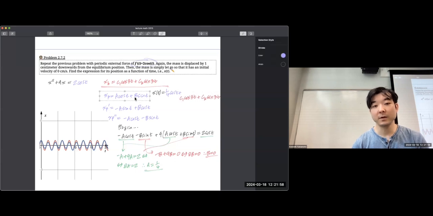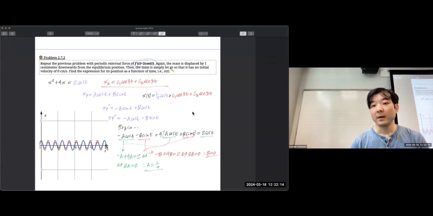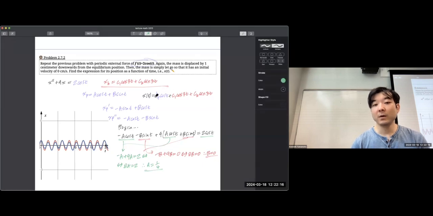Just move this over. Okay, so that's the general solution.